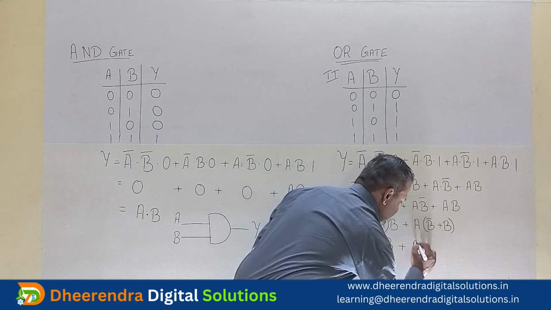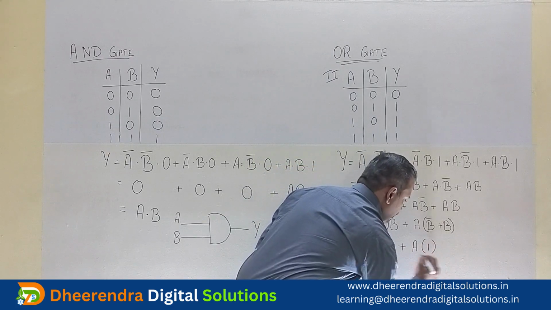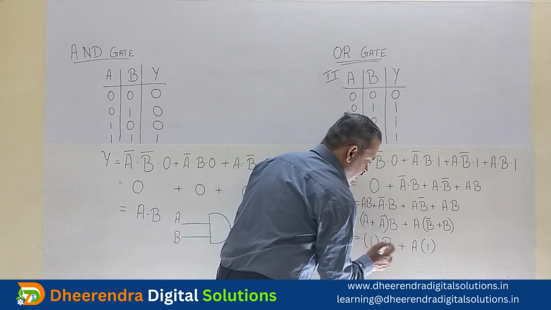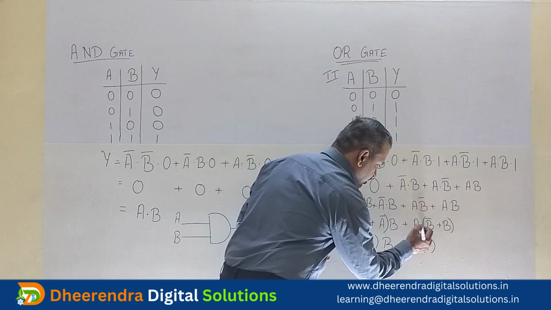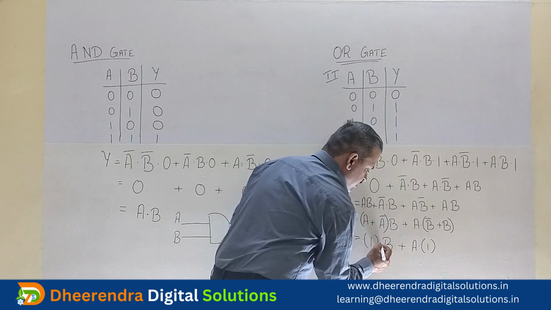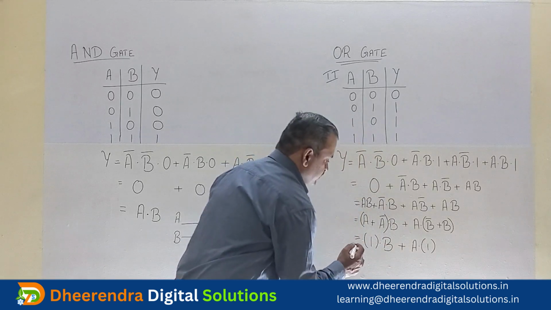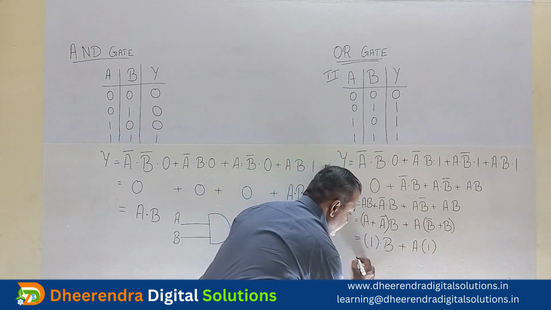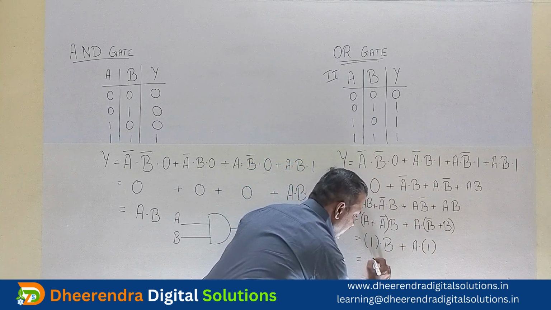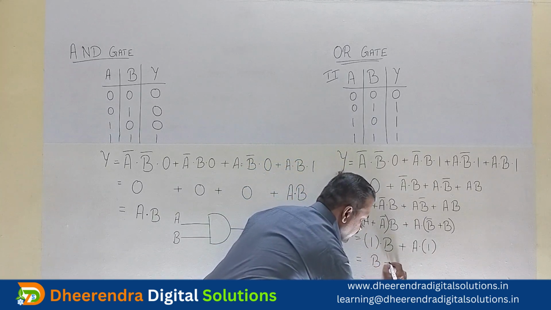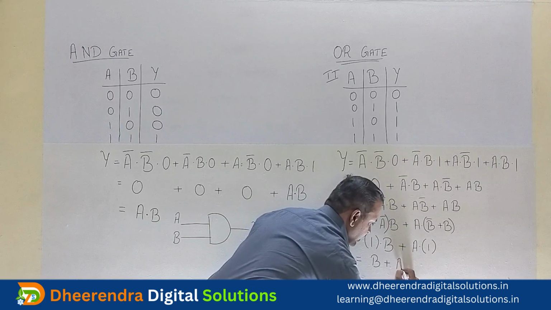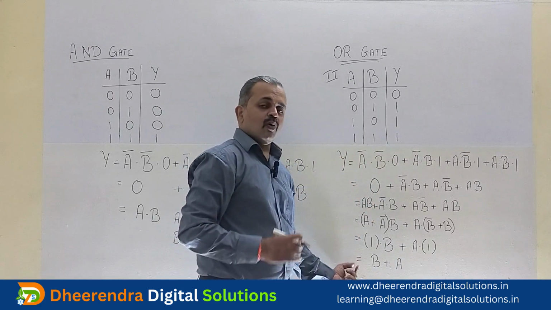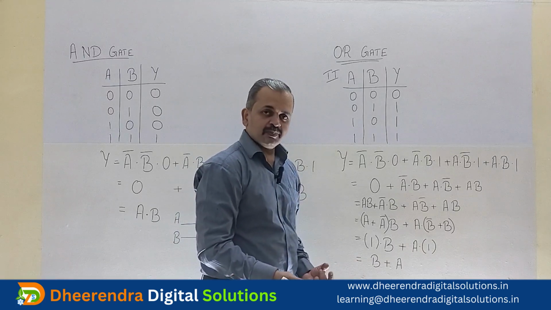So I can write this as A dot 1. When we say it is A dot 1 over here, anything ANDed with 1 is itself. So we get B plus, or here we get A. So Y is equal to B plus A, or you can write it as A plus B.